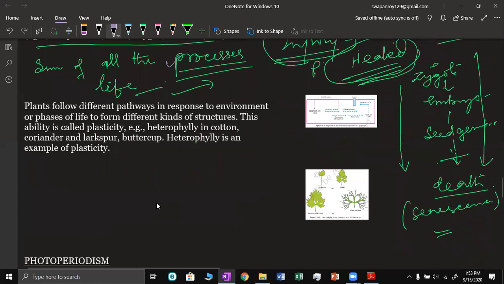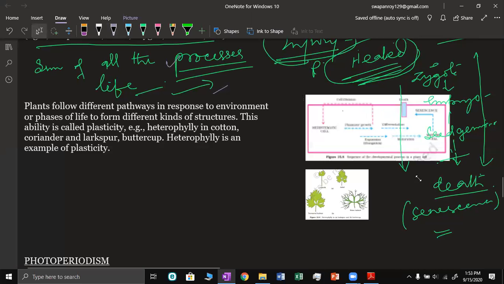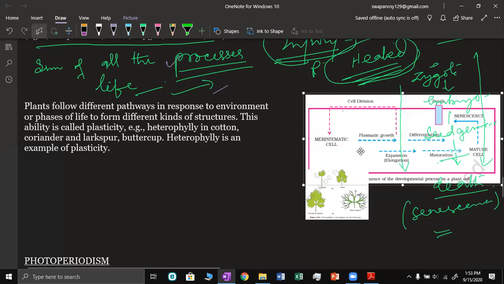And this plant follows it. Okay, another thing, I think you can see this in your book also.